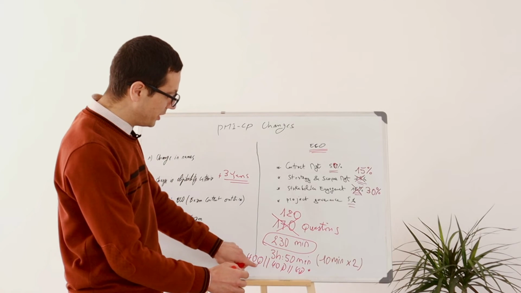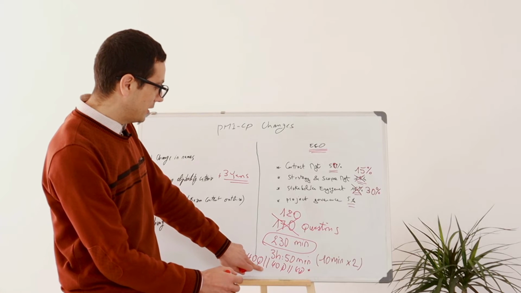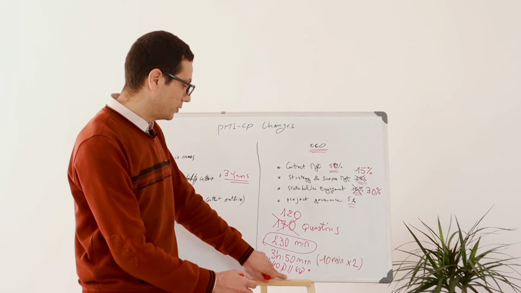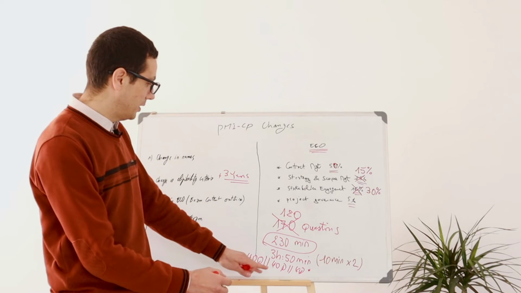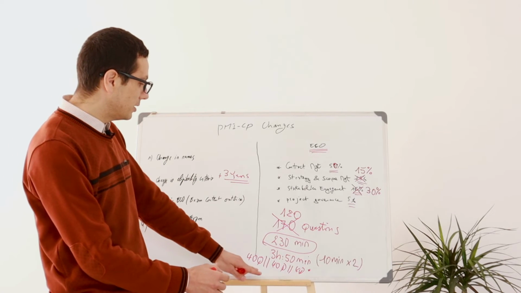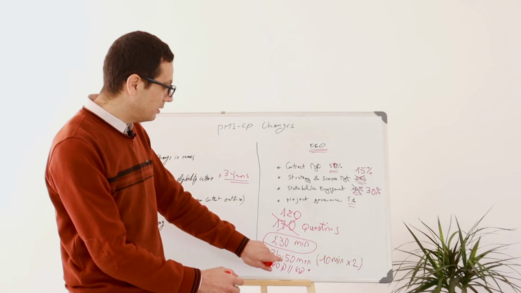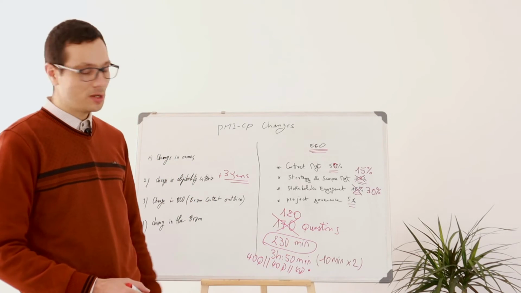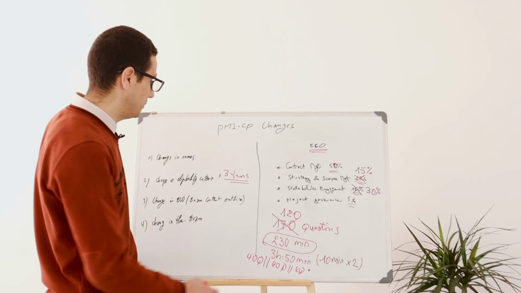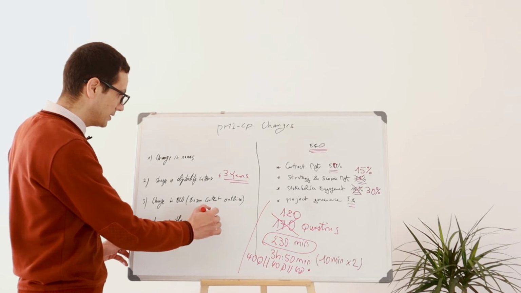So we have 2 breaks, one after 40 questions and another after 40 other questions. If they keep the 2 breaks in the exam, I think they will keep them, because the duration is still very long, which is 3 hours, 50 minutes here. All right, so this is the change in the exam.